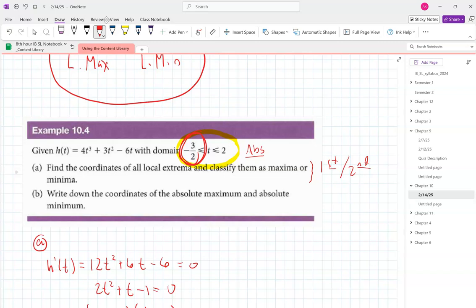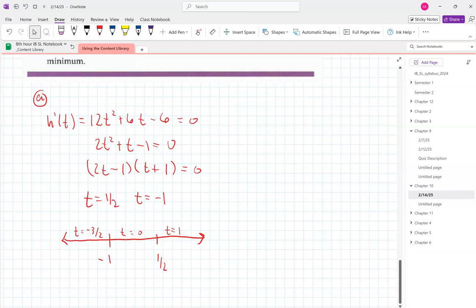Now, if you didn't notice that, would it have been fine if you picked -2 or something? Yeah, it'll work just fine. But get in the habit of not doing that. In this case, it would have been fine. In other cases, maybe not. In addition, you should probably check to make sure both of these values are inside the domain.